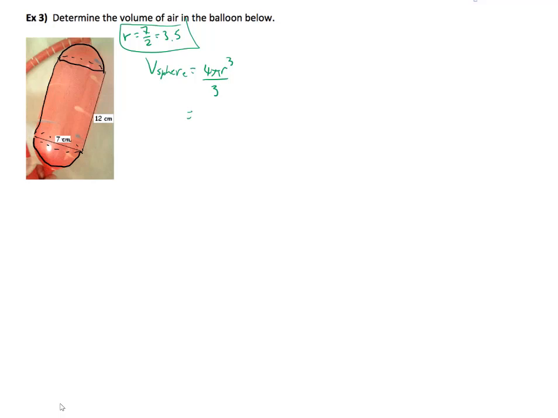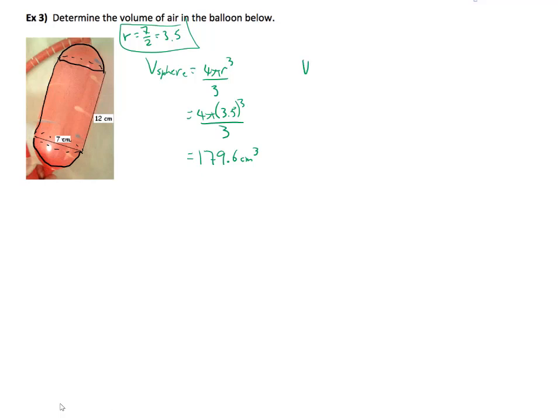And we're just going to sub in our r value. So we got pi times 3.5 cubed all over 3. And you should have 179.6 centimeters cubed. So that's our volume of our sphere.